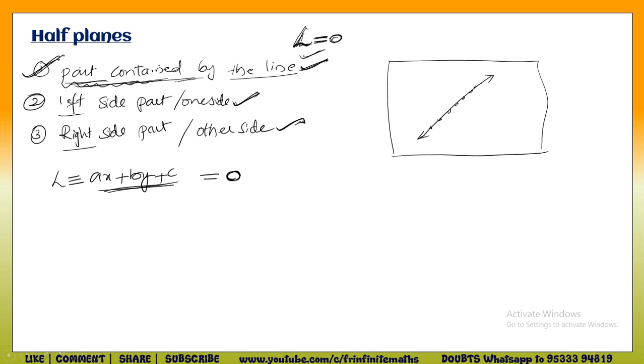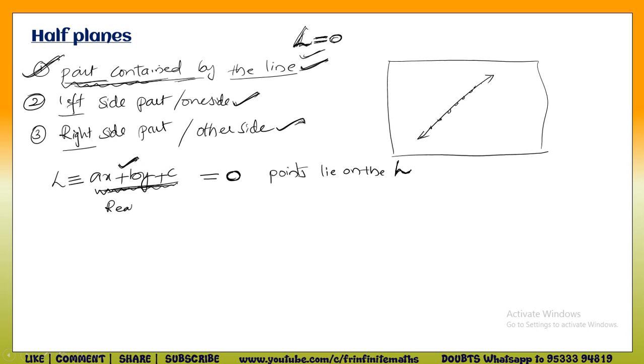So in this situation, points lie on the line L. Whenever you substitute the values of x and y in this L value, we are going to get a real number.